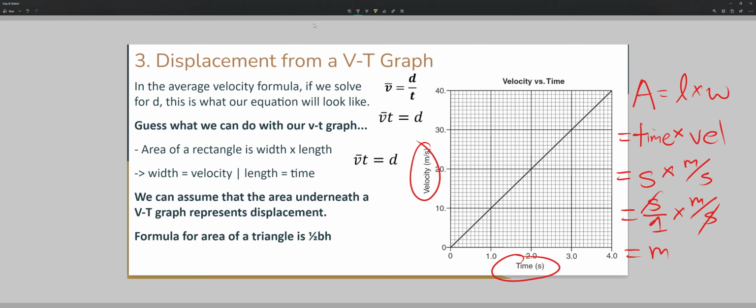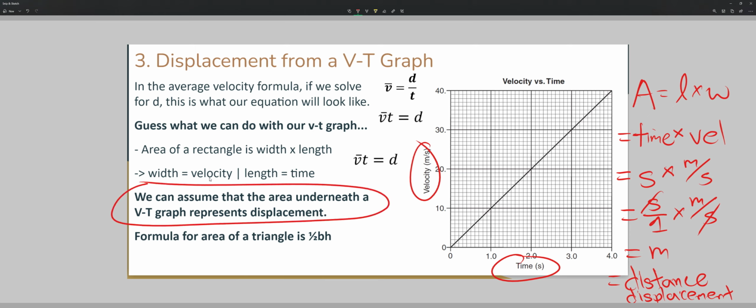It gives you distance or displacement, because meters is a unit for distance or displacement. So we can assume here that the area underneath a VT graph represents displacement.